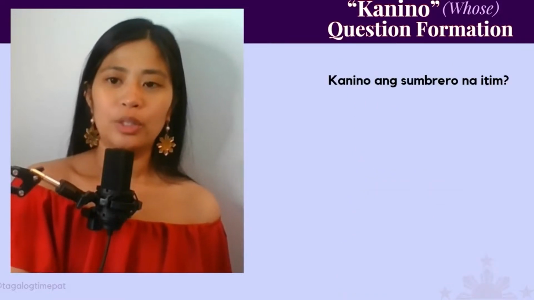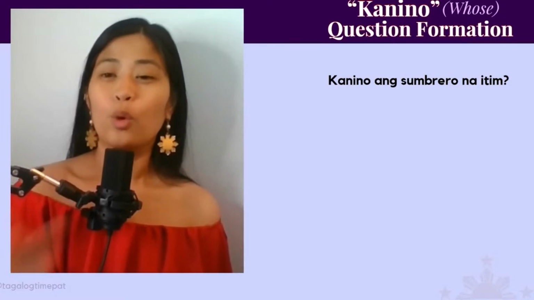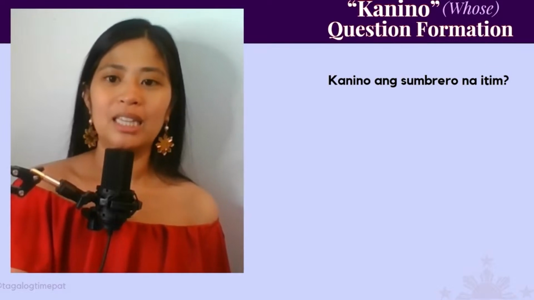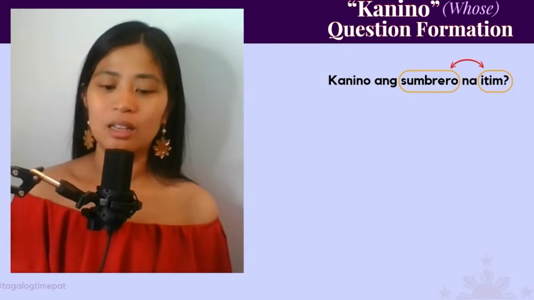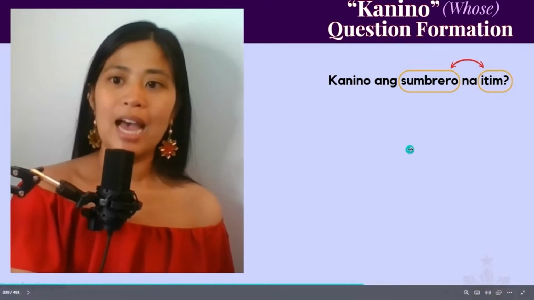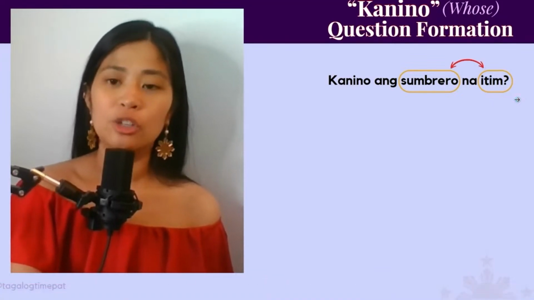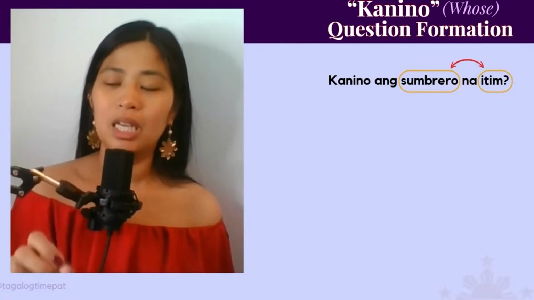I want to show you, let's go back to the first example we learned. I know it's a lot of words in this one. So, kanino ang sombrero na itim? Whose black hat is this? So, sombrero is hat, itim means black. But they are interchangeable. Like you can switch them around and it would still mean the same thing.